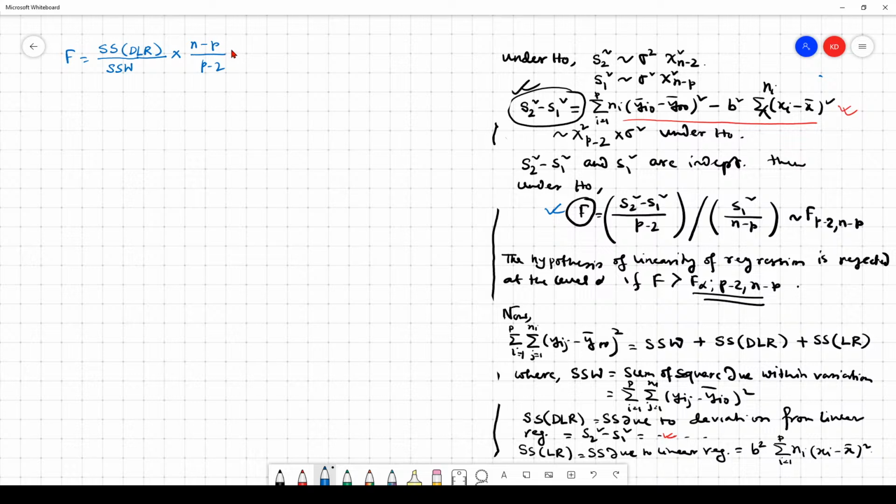So these two are the same thing. And this we again write as MSDLR by MSW. So this is the statistic used to test for linearity of regression.